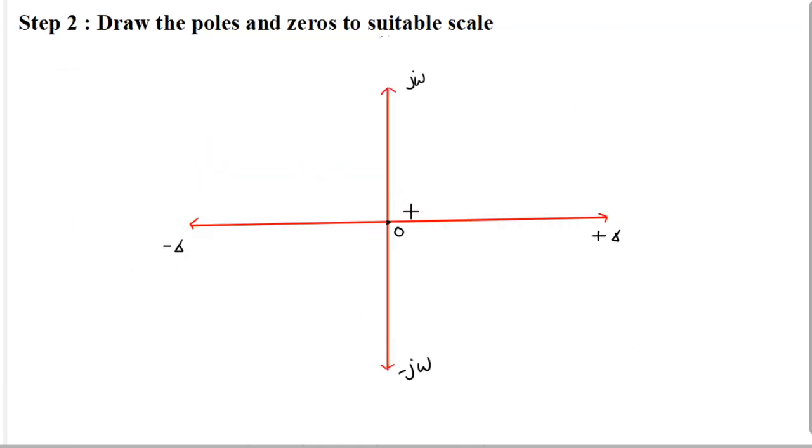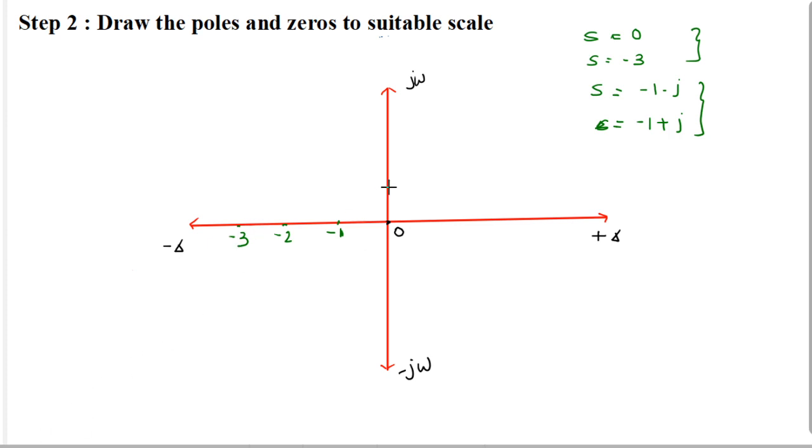Now step number 2: draw the poles and zeros to a suitable scale. We know that there are 2 real poles, s equal to 0 and s equal to minus 3, and s equal to minus 1 minus j and s equal to minus 1 plus j. There are 2 complex and 2 real poles. In this step, we are plotting these poles on this graph of imaginary and real axes: 0, minus 1, minus 2, minus 3.